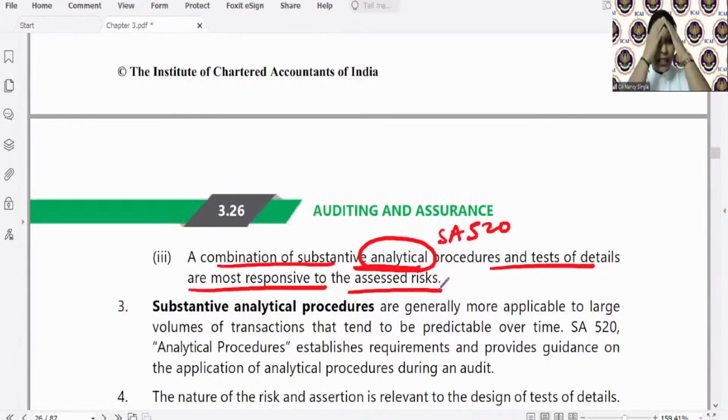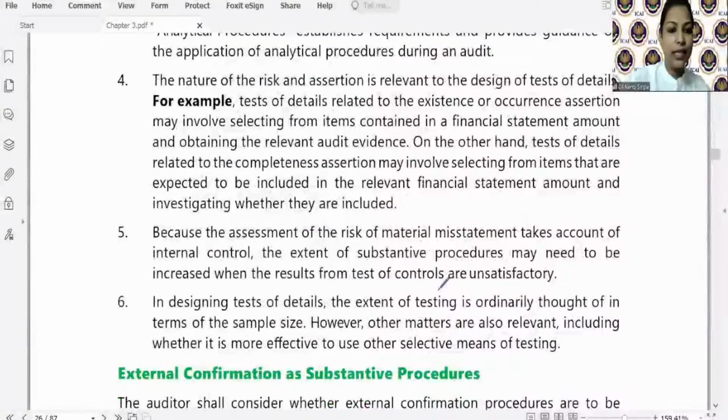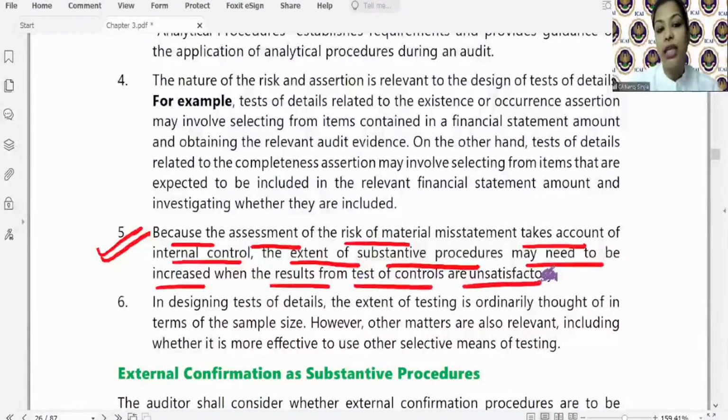So tell me, is it clear about substantive procedures? These points number 3, 4, 5, 6, you can read as homework. But here, let us concentrate on point number 5. Because the assessment of risk of material misstatement takes account of internal control, the extent of substantive procedure may need to be increased when the results of test of controls are unsatisfactory. It is saying that when you consider the risk of material misstatement, if you remember, we have discussed that it consists of inherent risk and control risk.